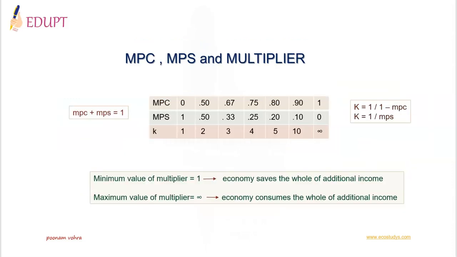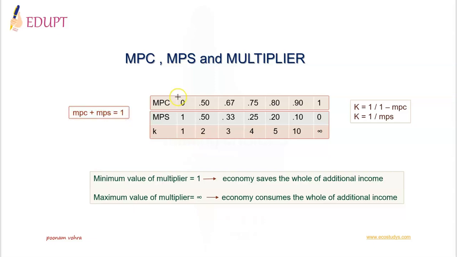Now let us understand the relationship between marginal propensity to consume, marginal propensity to save, and multiplier with the help of a simple numerical example. In this example, MPC is given and one can find MPS and multiplier, because we know that MPC plus MPS is equal to 1.